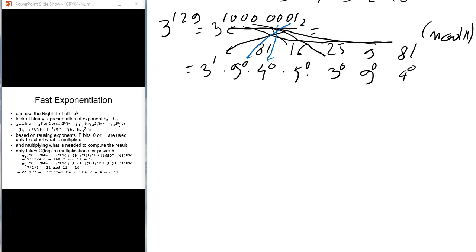And at the end we have 4 square, which is again 16, which is again 5 this time at power 1 because we have again arrived at the first term over here. So this is equal further to 3 times 5. This is congruent to 15 mod 11, which is equal to 4.